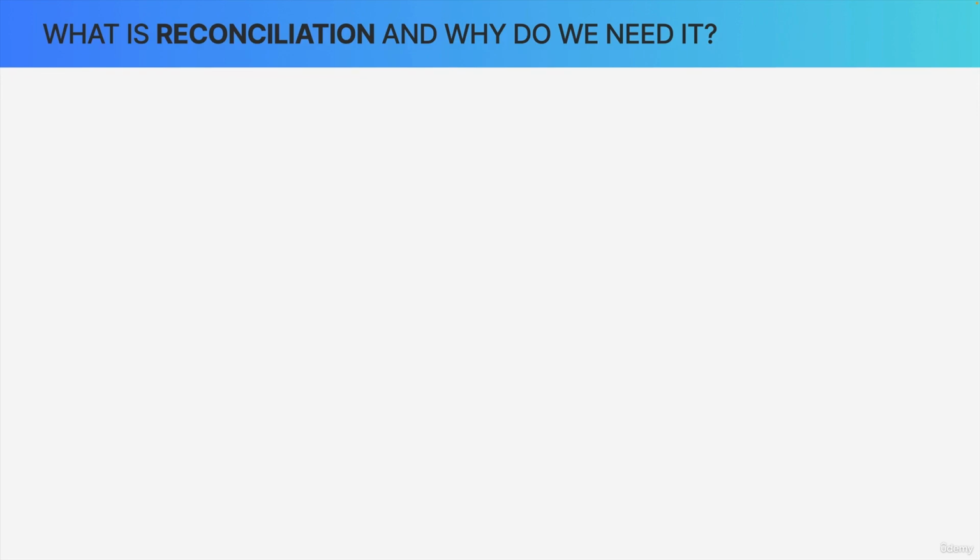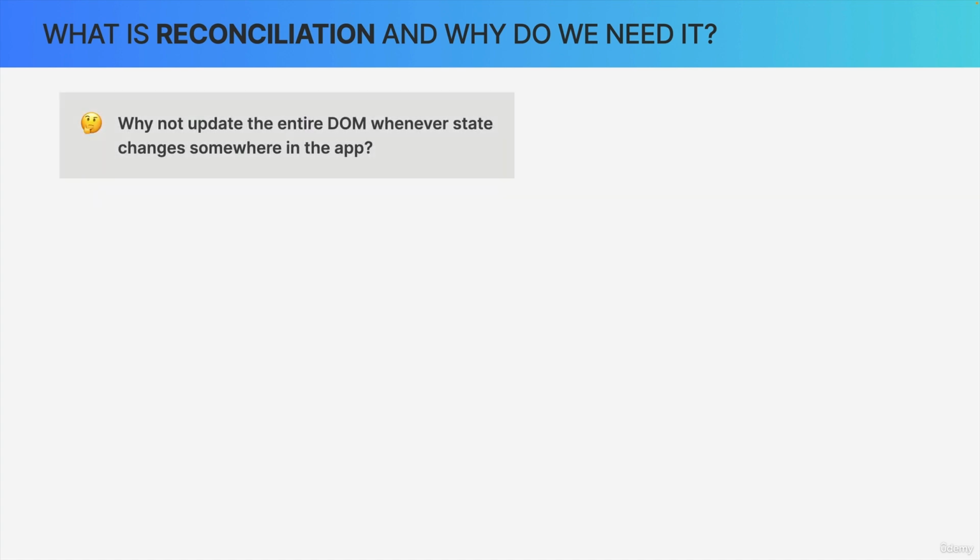So you might be wondering, why do we even need stuff like the virtual DOM, a reconciler, and those fiber trees? Why not simply update the entire DOM whenever state changes somewhere in the app? Well, the answer is simple. Remember how we said that creating the virtual DOM, so the React element tree for the entire app, is cheap and fast because it's just a JavaScript object?